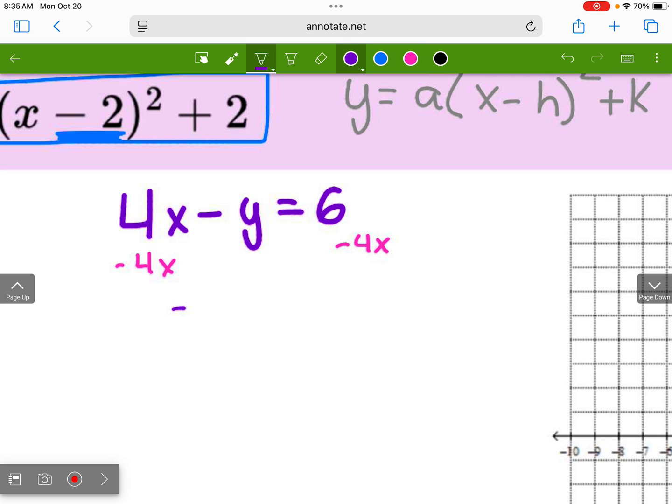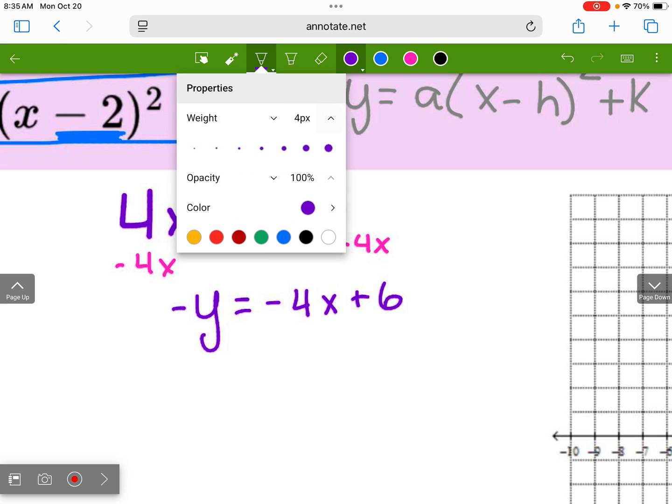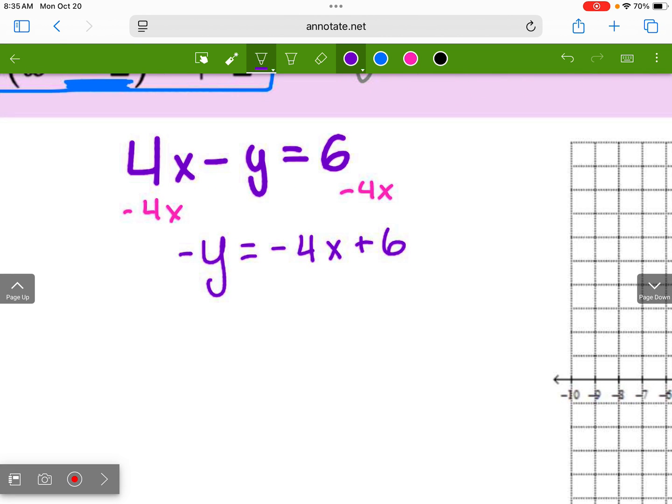That's going to give us that minus y equals minus 4x plus 6. I don't like that being that skinny. I'll go back to 4. And we're almost there. What do I need to do? Divide by -1. Divide by -1 to absolutely everybody. That's going to give us that our y equals 4x minus 6.